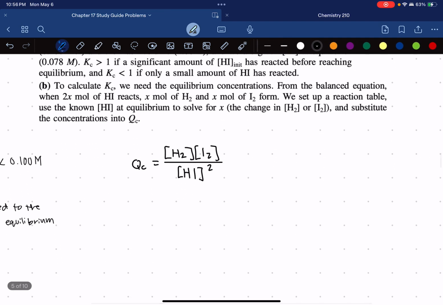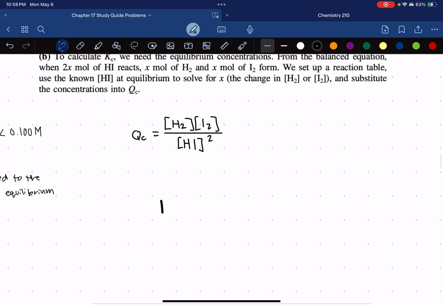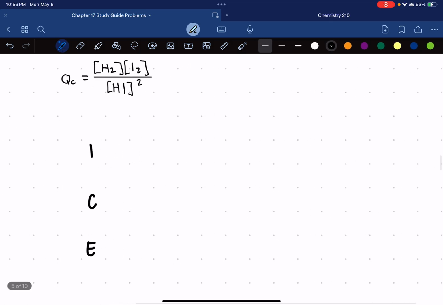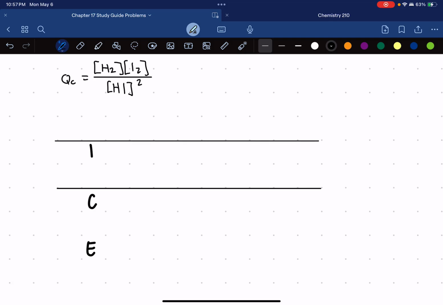So now we go ahead and construct our ICE table. I for initial, C for the change, and E for our equilibrium value. Now remember, our chemical reaction is as follows. 2HI gas reacts to create H2 gas plus I2 gas.